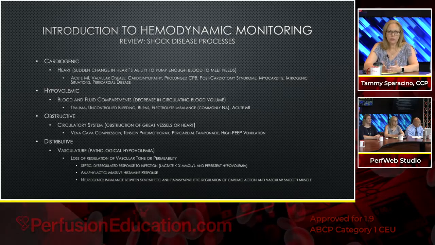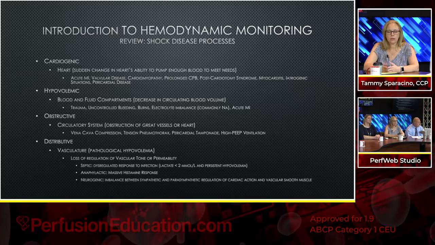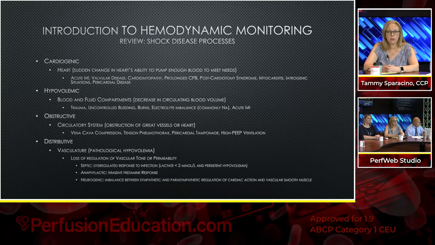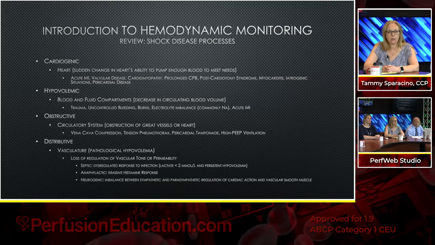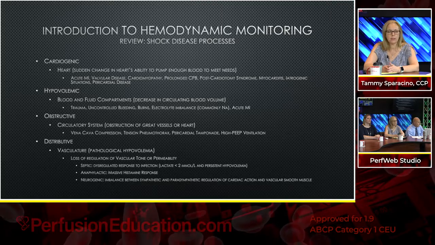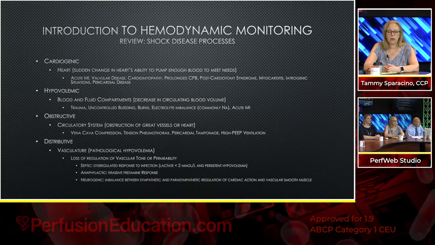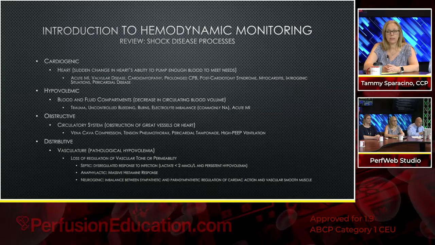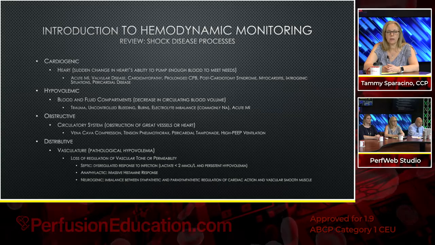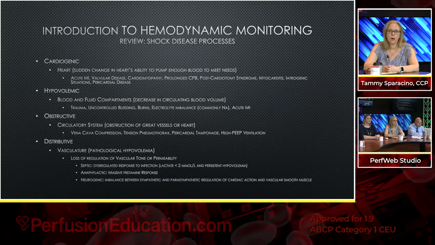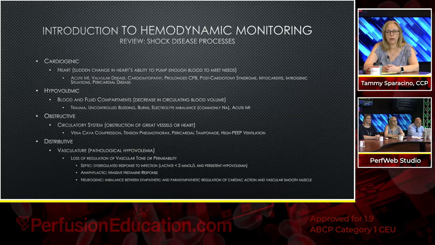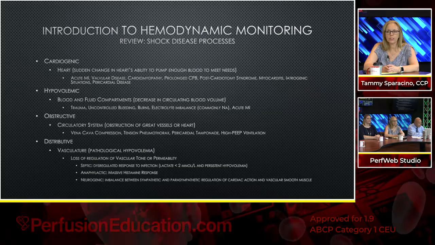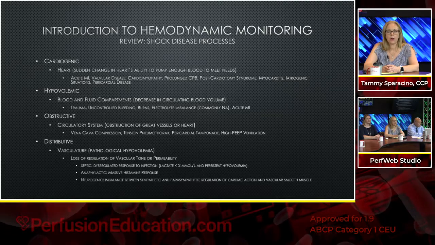The one we're most familiar with is cardiogenic shock, because it basically has to do with the heart. Any sudden change in the heart's ability to pump enough blood to meet the body's needs. It can be caused by acute MI, valvular disease, cardiomyopathy, prolonged CPB times, post-cardiotomy syndrome, myocarditis, iatrogenic situations, pericardial disease.